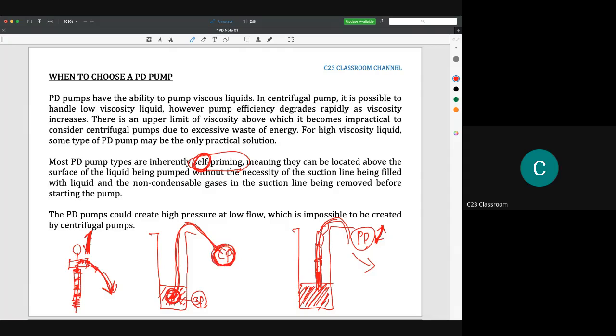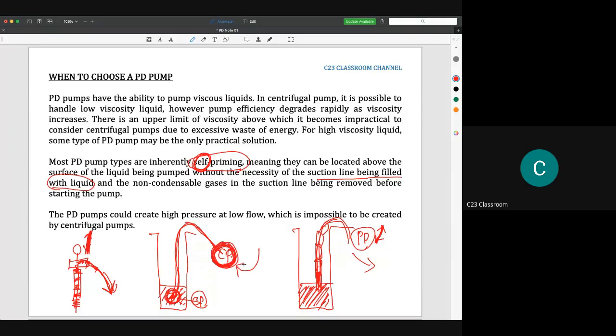If you put your centrifugal pump outside the water, here for example, what you need to do is, of necessity, have the suction line filled with liquid. So what is meant by filled with liquid? If you still want to use centrifugal pump here, you need to do some kind of reverse flow first. So awak kena masukkan air.